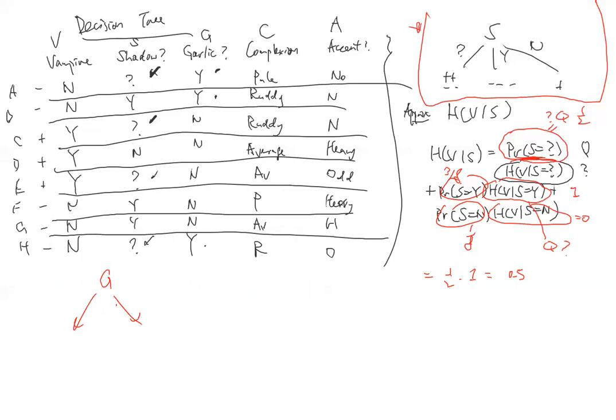Based on the Gauss feature, if it's yes, three of them are negative. If no, there are three positive and two negative. Can you try to compute H(V given G)? This is similar to what we computed here, so it's very similar.